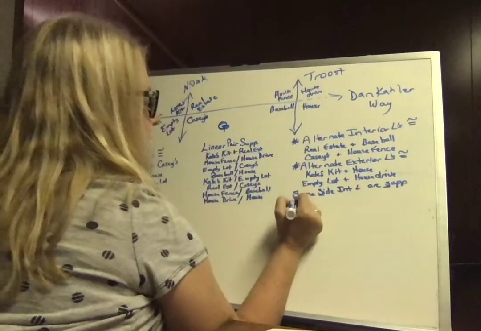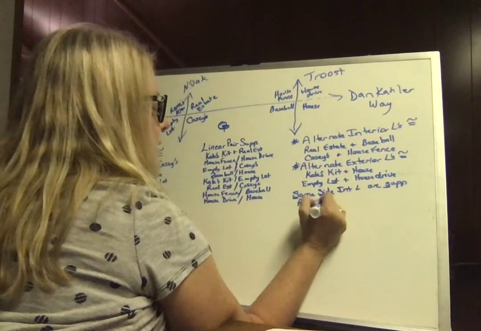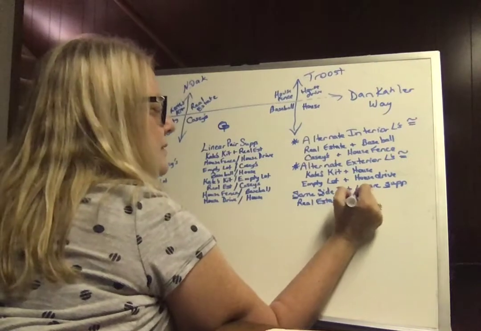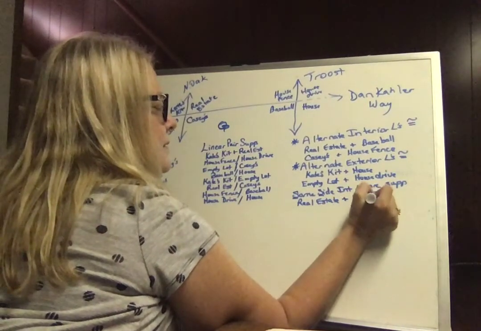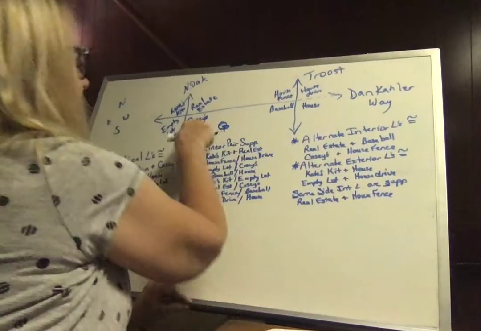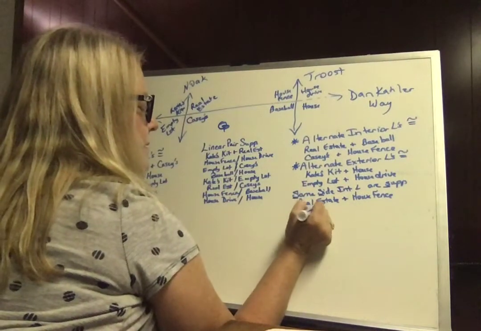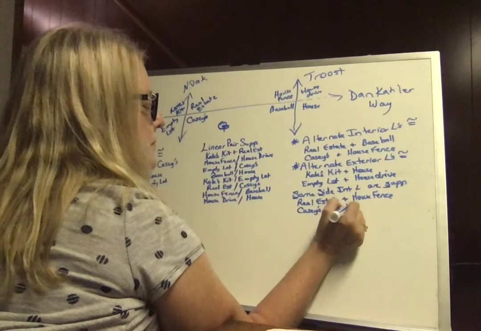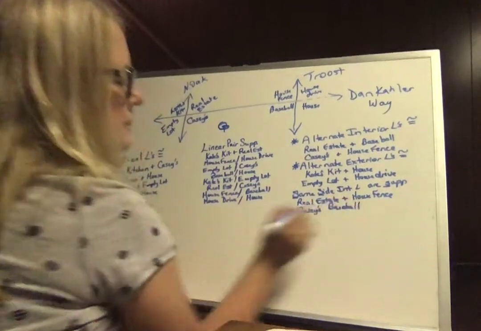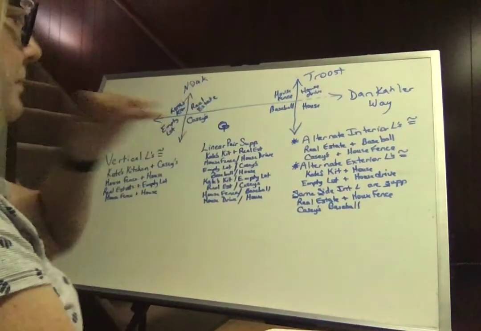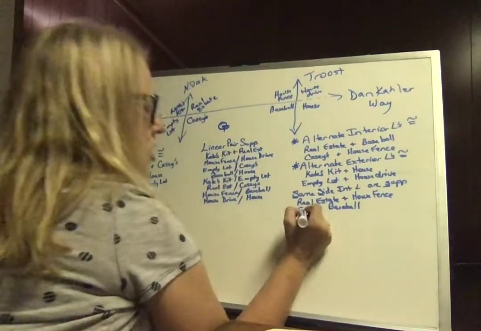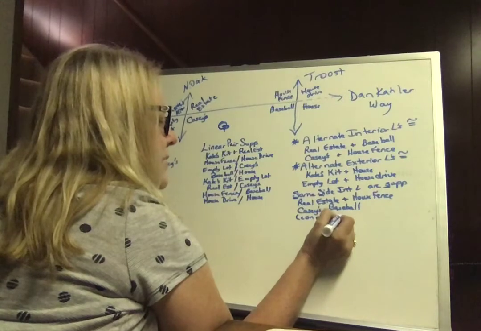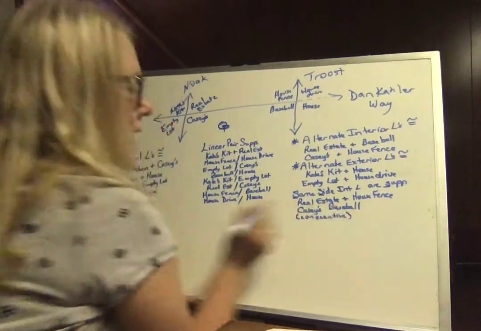So real estate this time matches with the house with the fence. And Casey's matches with the baseball. Same side. Sometimes those are called consecutive interior, but I think our book mostly calls them same side interior.